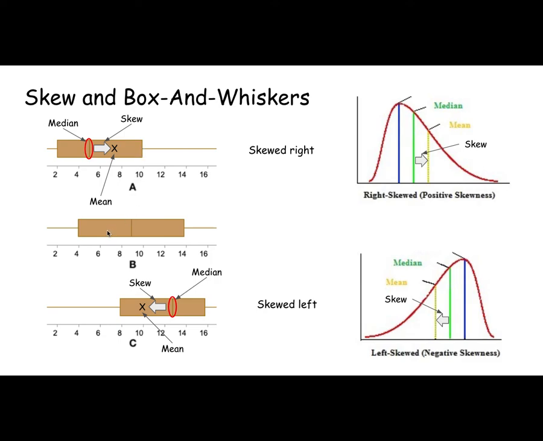So if your box and whiskers is relatively evenly distributed left and right, that implies there's no skew or little skew. The further your box is towards the 25th percentile, the more skewed you are to the right. The more your box is pushed towards the 75th percentile, the more skewed you are to the left.